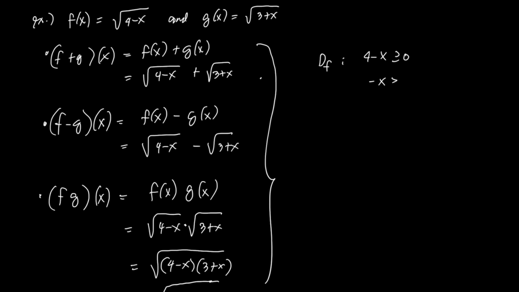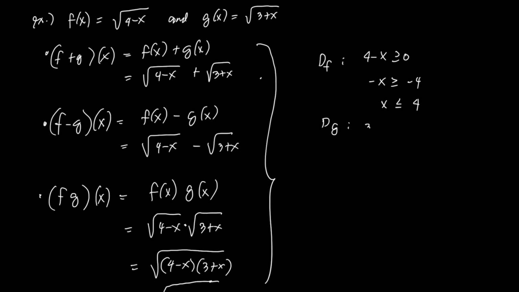So we restrict that one. So 4 minus x is greater than or equal to 0, or negative x is greater than or equal to negative 4, so x is less than or equal to 4. Okay? So that's the domain of f.